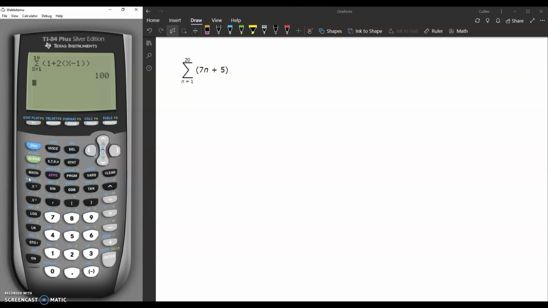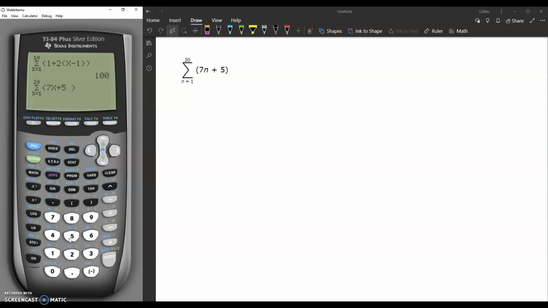Okay, so let's go plug this one in. I'm going to go to math, and you'll get to it faster if you actually scroll up. And then I'm going to use x again. So I'm going to use x equals 1, because that's where this one starts. And this one doesn't stop at 10, it goes all the way to 20. So from x equals 1 to 20, it's going to add up these terms, and then you just plug the formula in like you normally would.